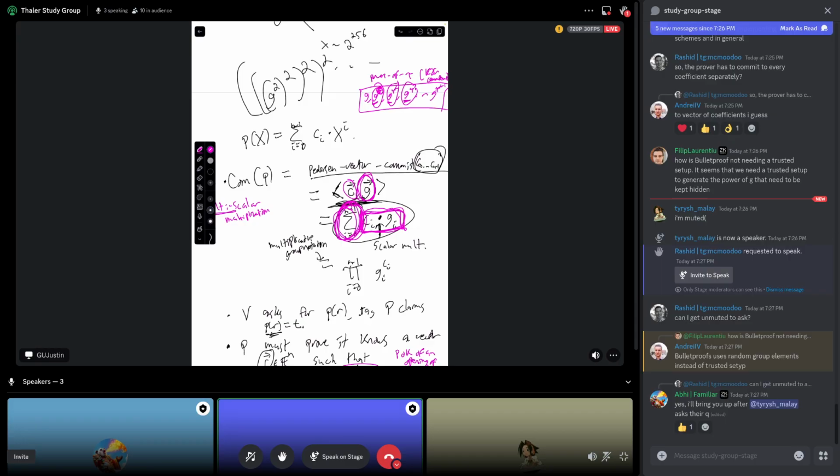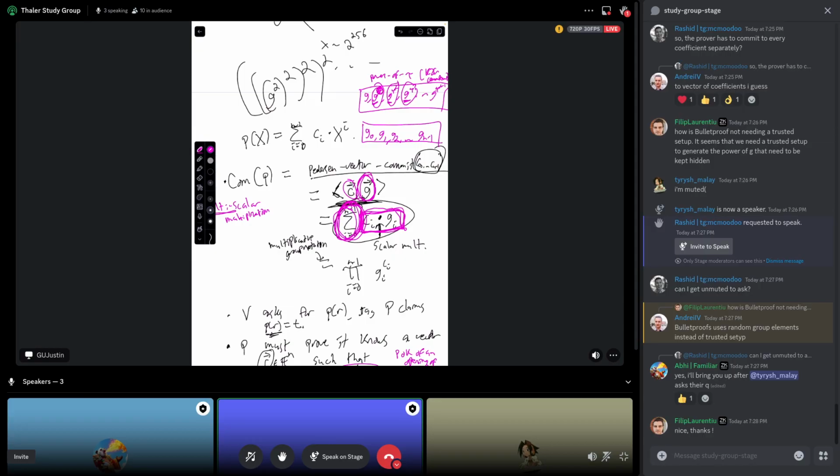With Bulletproofs, the commitment key is completely random, unrelated group elements, like G0, G1, up to Gn minus one. They're just completely random.